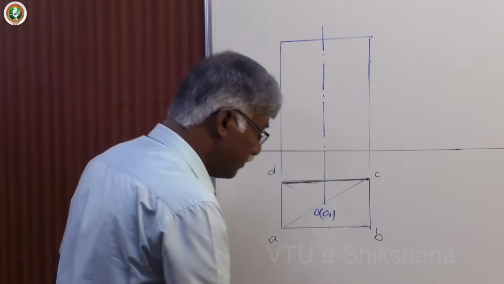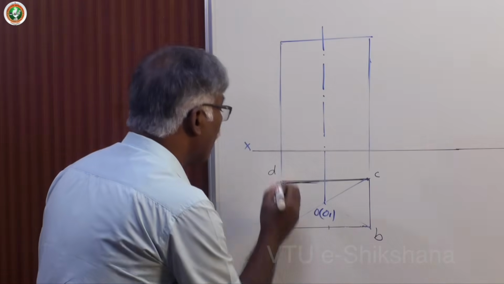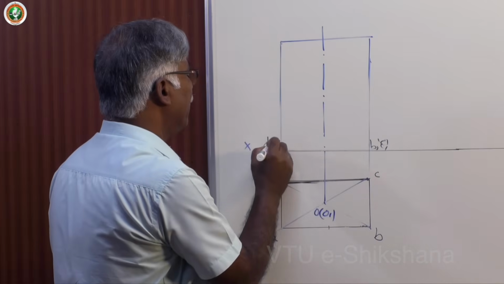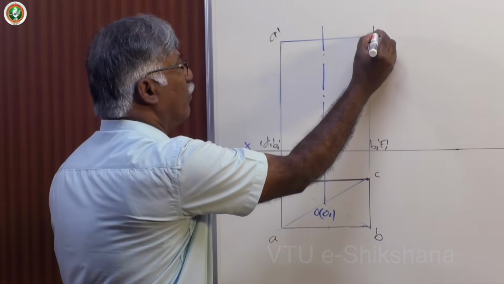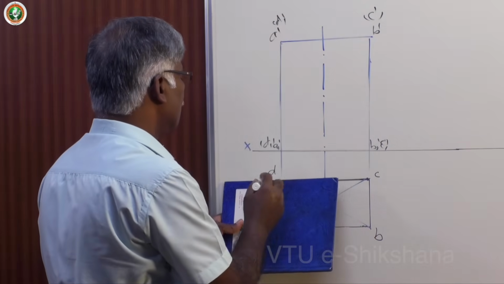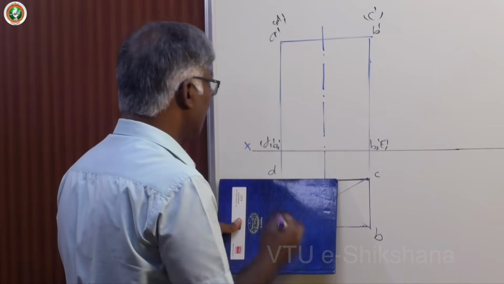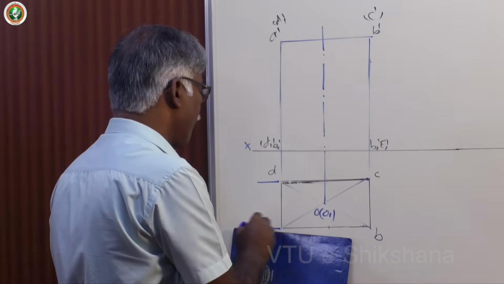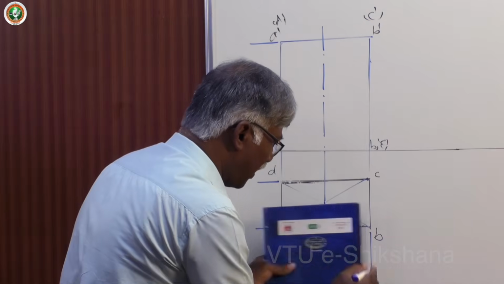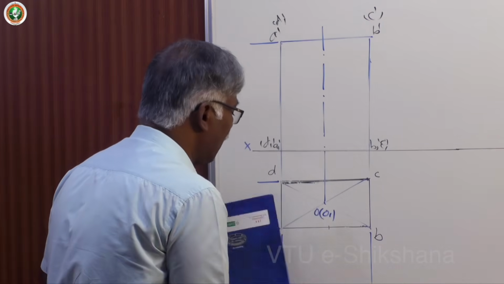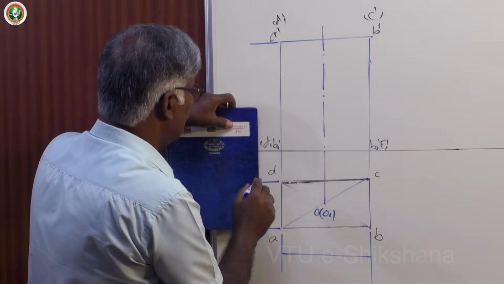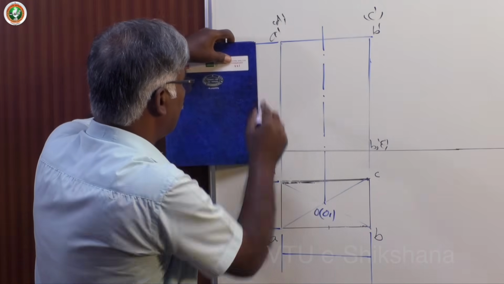Name these points: A1 dash, B1 dash, C1 dash, D1 dash, A dash, B dash, C dash, D dash. Dimension it as per the requirement. And like any other polygon, we have a rectangle, we have to dimension the longer side as well as the smaller side of the rectangle.